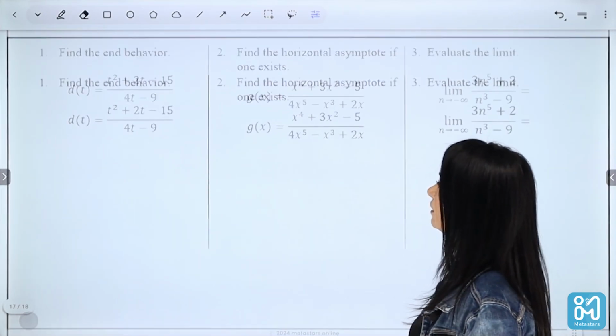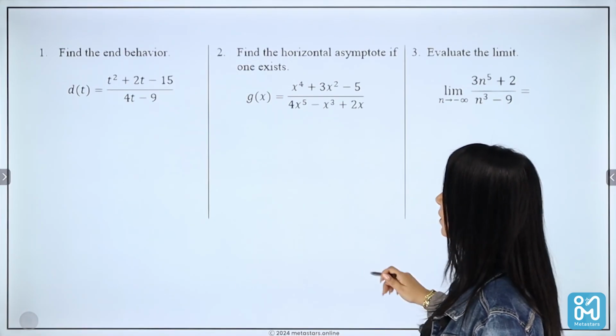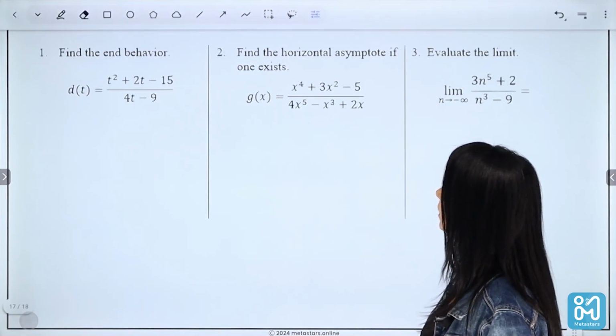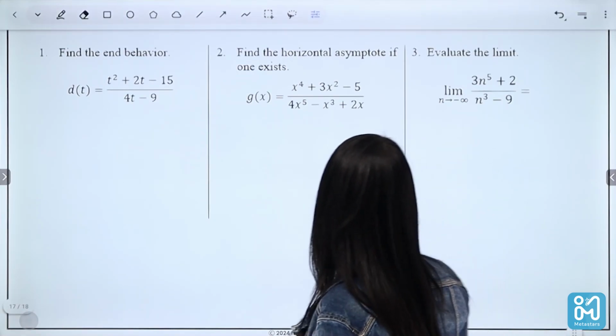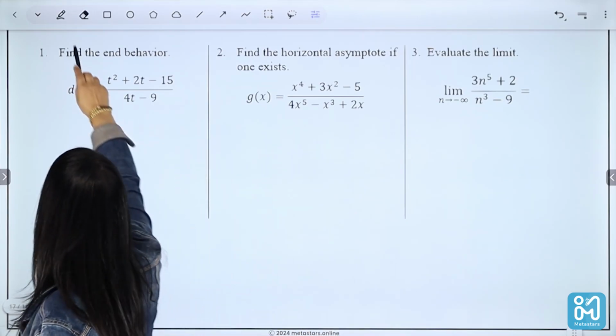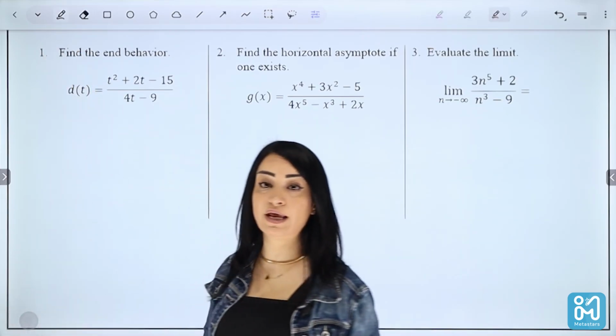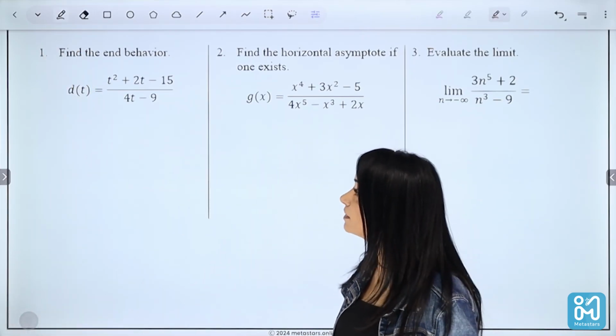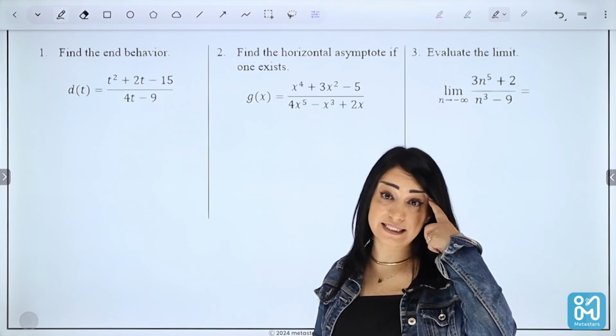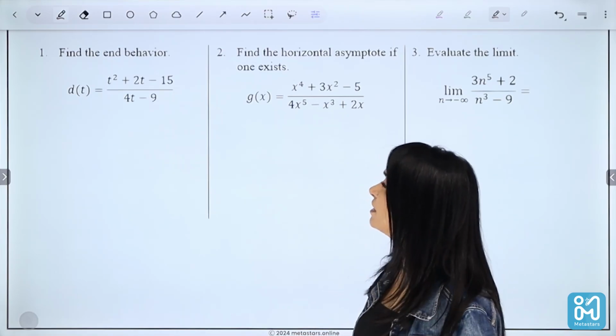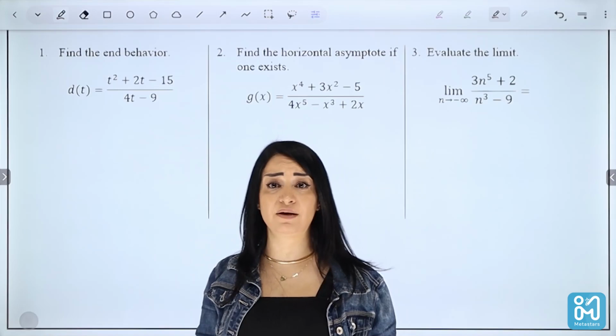Let's do the last example here. We need to find the end behavior, we need to find the horizontal asymptote, and we need to evaluate the limit. So here, the degree of the numerator is more than the degree of the denominator by 1. So we will actually get a slant asymptote. But they ask me not to find the slant, they ask me to find the end behavior.